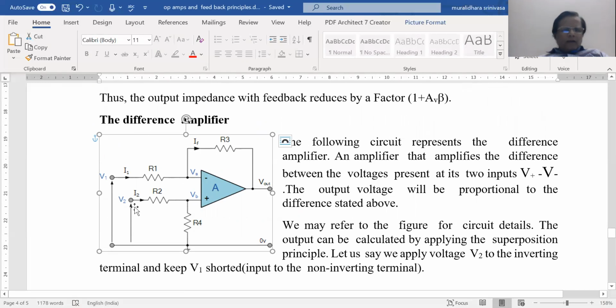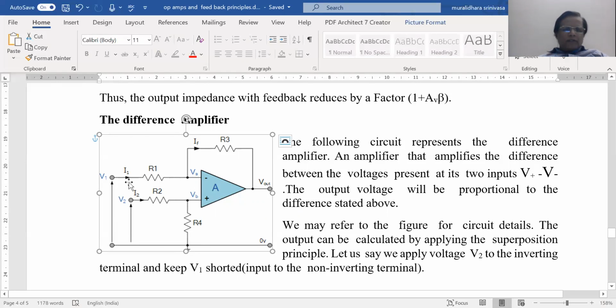Here what is happening? V2 is being given as a portion of the voltage divided between R2 and R4. R2 and R4 form a voltage divider network, and the voltage across R4, VB, will be fed to the op-amp directly.